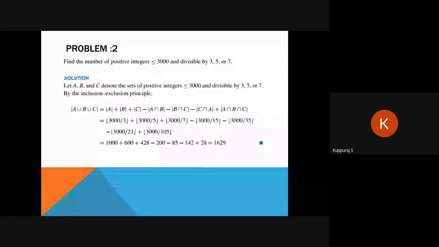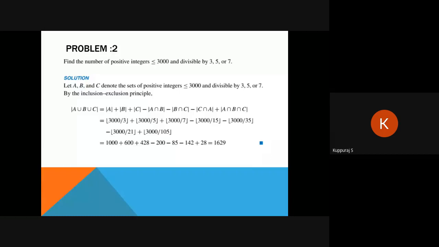B intersection C is 3000 divided by 5 times 7, 35. C intersection A is the floor function of 3000 divided by 3 times 7, that is 21. A intersection B intersection C is 3000 divided by 3 times 5 times 7, that is 105.